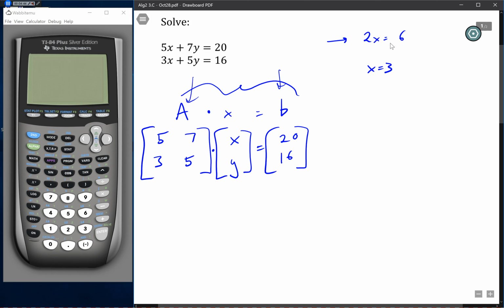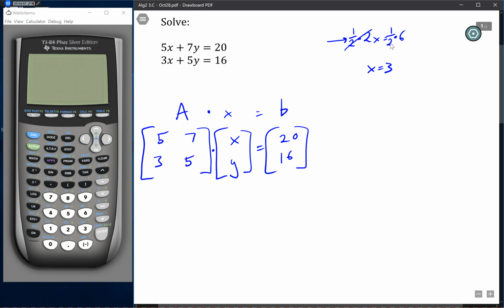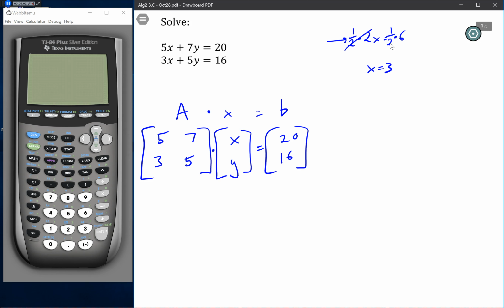And I hope that you're thinking, hey, I could multiply by the reciprocal here. If I multiply both sides by 1/2, that will also cancel the 2 because 1/2 is the inverse of 2. Now I do know how to use matrix multiplication here. So here's what I'm going to do.